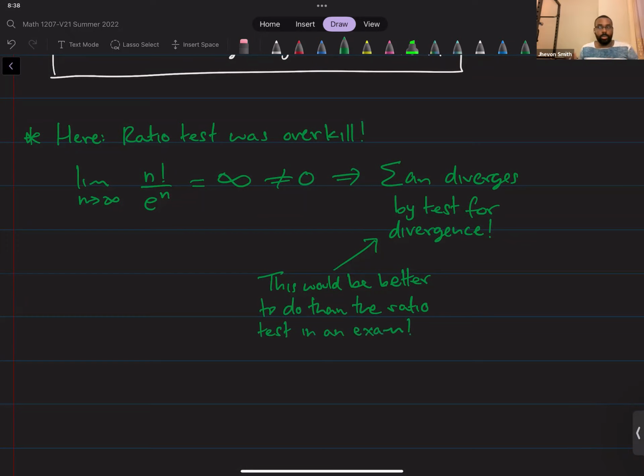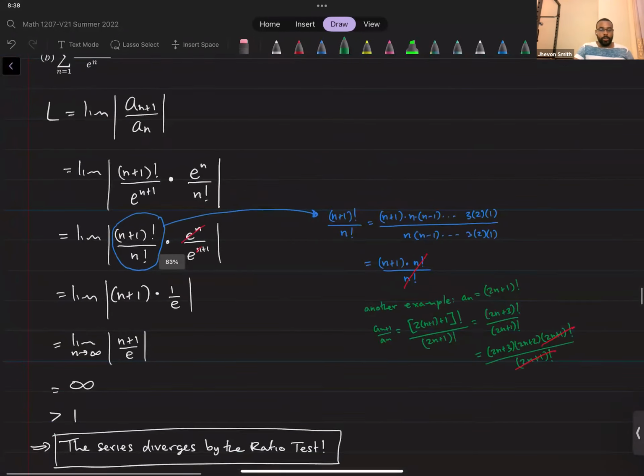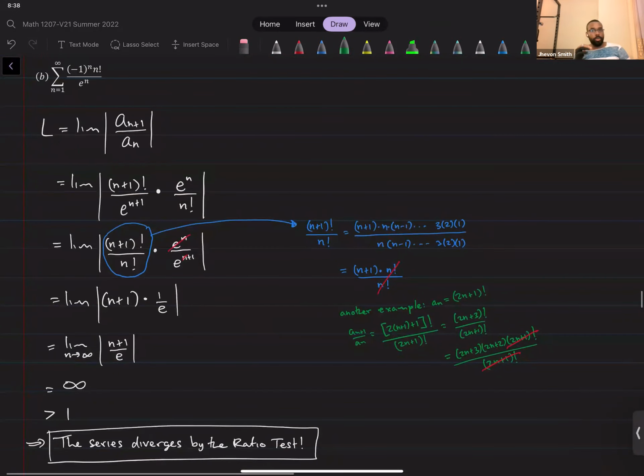I just want to mention that this is just for illustration purposes. If this series randomly showed up in front of you, you wouldn't go ratio test. It's overkill. You're working too hard.